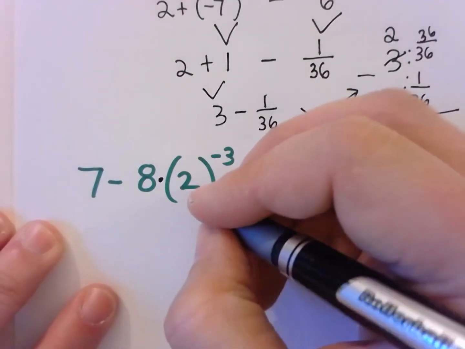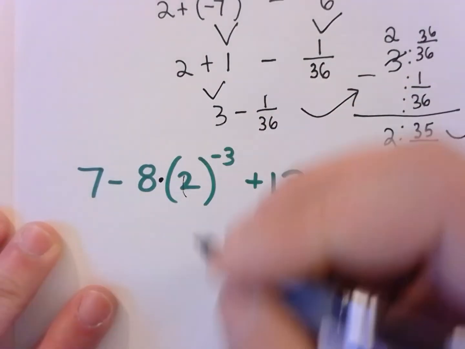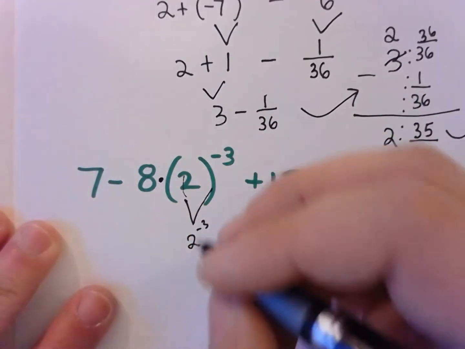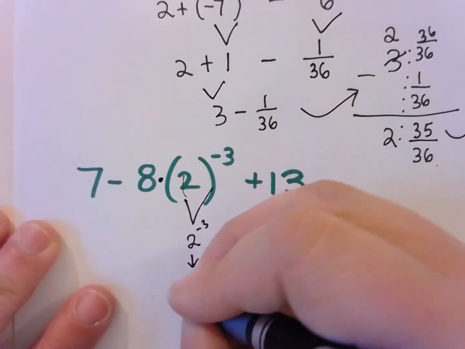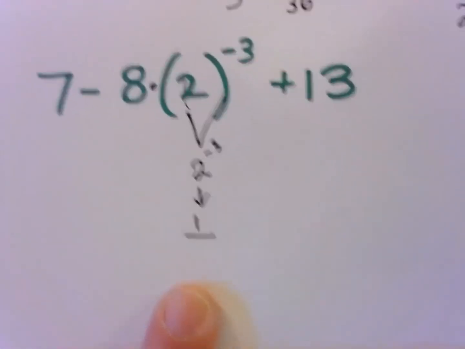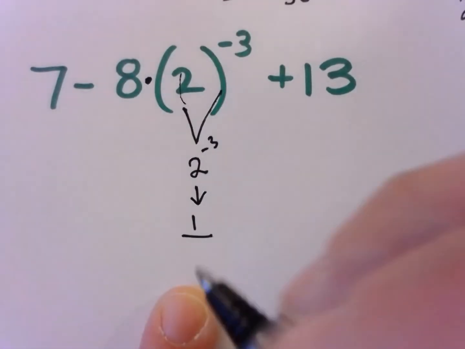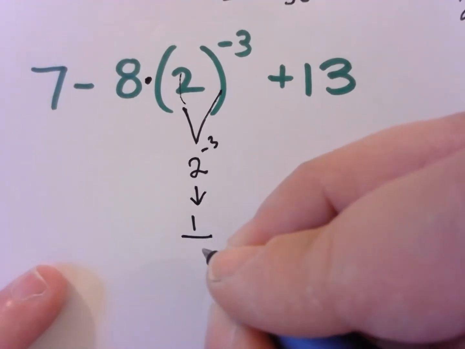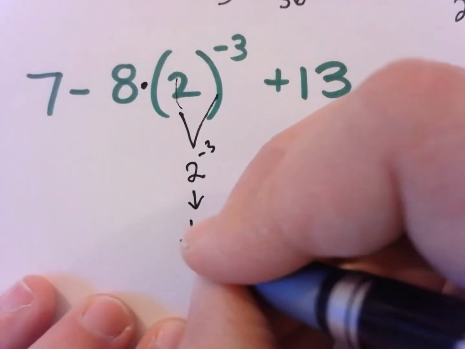So, what I need to do first is I need to deal with this exponent, 2 to the negative third power, which is 1 over, remember that's that negative exponent, so it's 1 over whatever 2 to the third power is, 2 times 2 times 2, which is 8.